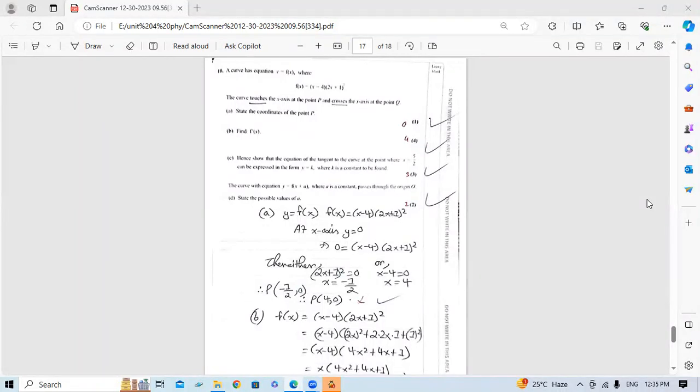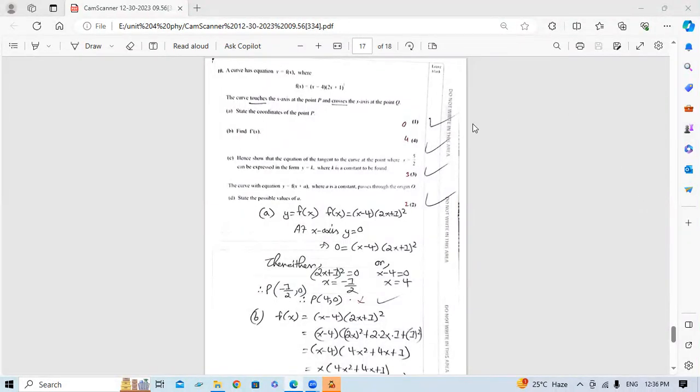The curve touches the x-axis at point P and crosses the x-axis at point Q. State the coordinates of the point P. Find f prime x in number B. In number C, hence show that the equation of the tangent to the curve at the point where x equals 5 by 2 can be expressed in the form y equals k, where k is a constant to be found. And number D, the curve with equation y equals f(x plus a), where a is a constant, passes through the origin O. State the possible values of a.